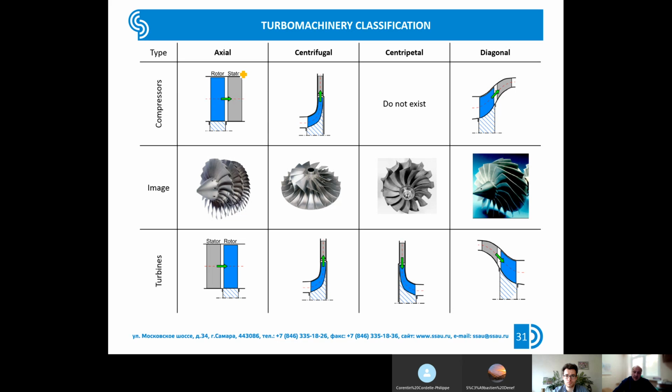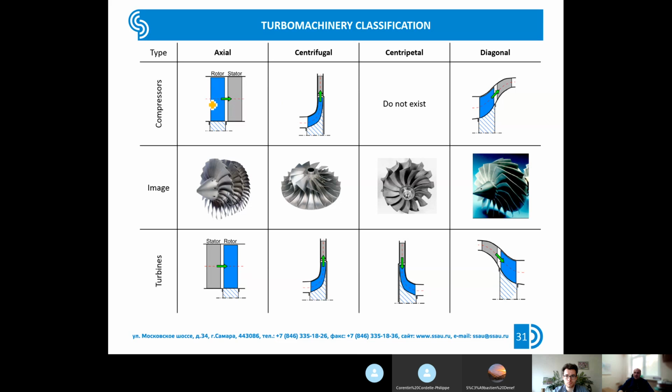So turbomachinery can be classified by the direction of the flow movement. And these classifications are common for any type of turbomachinery. By the direction of the working fluid movement, turbomachinery can be divided into several groups.